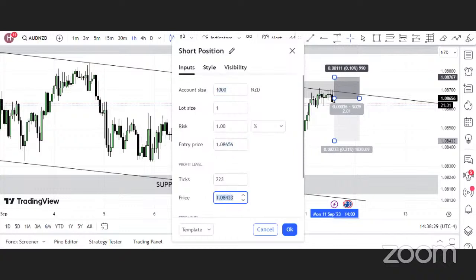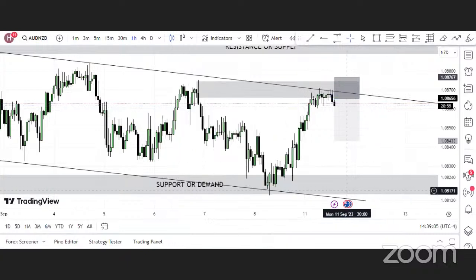So guys, I'm setting mine. All right. I'm getting mine set. So make sure if you fund your account, go to AUDNZD and sell that market right now.